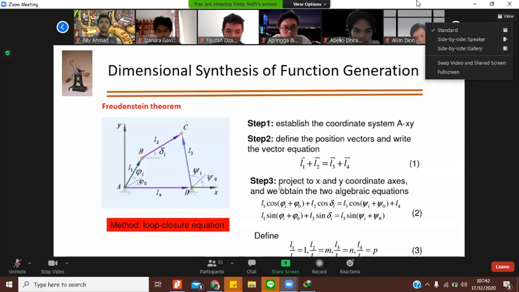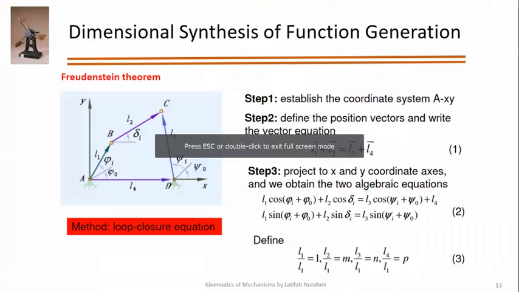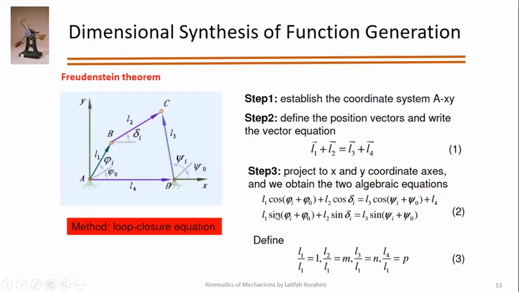And then step 3 is to project to the x and y coordinate axes, and we obtain the two algebraic equations. So this we did before. So it is L1 cos(phi 1 plus phi naught) plus L2 cos delta 1 is equal to L3 cos(psi 1 plus psi naught) plus L4. Okay, psi naught, because we have completed this full motion, that's psi naught plus psi i.